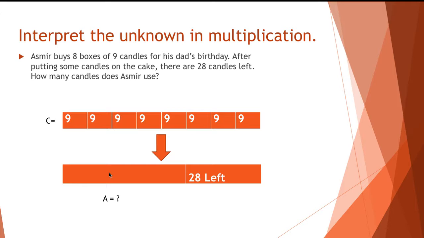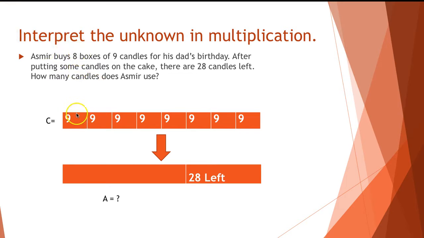To figure that out, we first need to determine the number of candles total there are. Earlier, you guys were learning skip counting by 8, right? Well, we can use that same strategy, skip counting by 8.